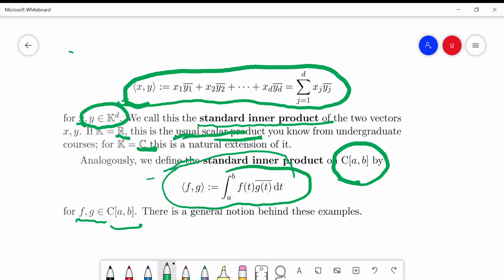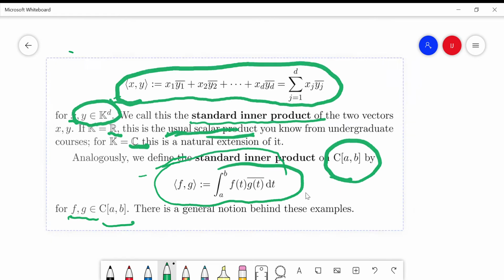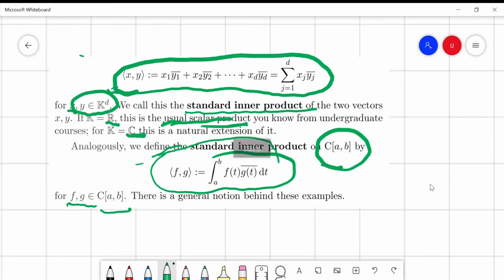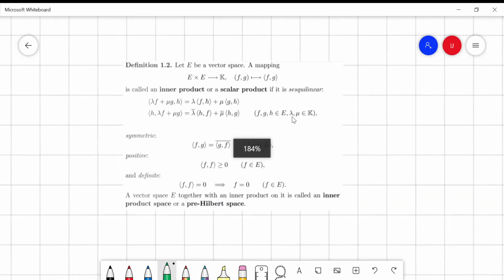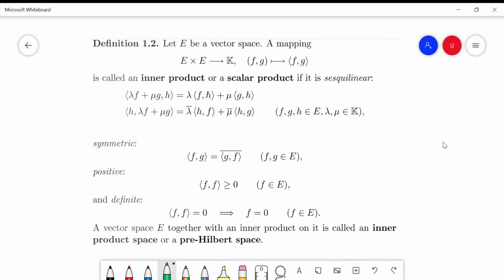But for this to be an inner product, we should satisfy the following properties. Remember that our continuous function space is also a vector space. This can be easily proven.